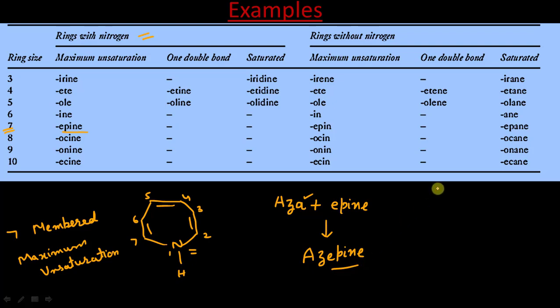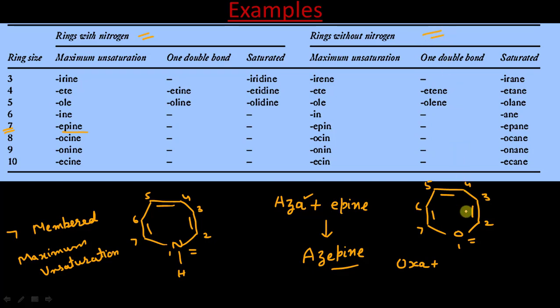Now if we have oxygen in case of nitrogen, let us see now then what will be the name. So again this is a 1 2 3 4 5 6 and 7-membered ring, but now the heteroatom is not nitrogen, it is oxygen. So the prefix is oxa plus stem. Now it does not contain nitrogen, so we will use this side of the table.